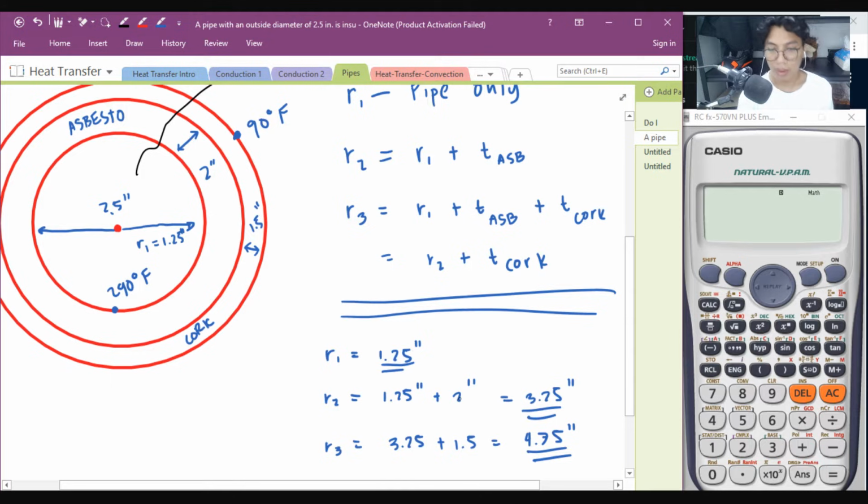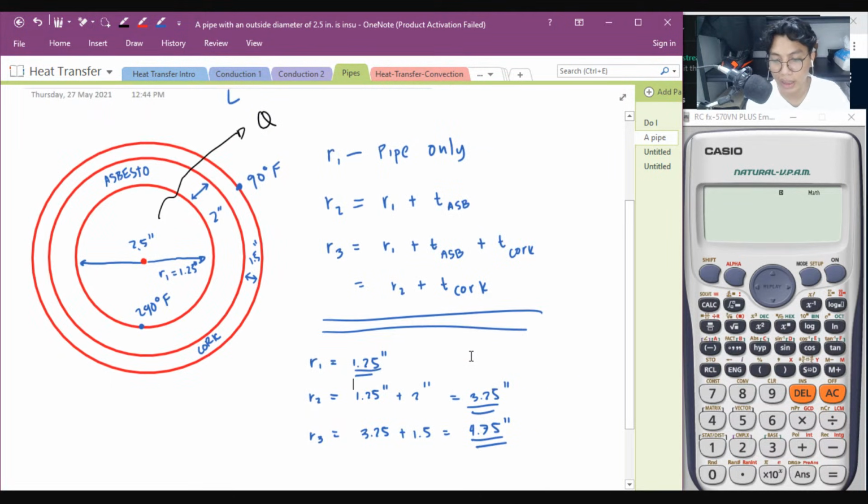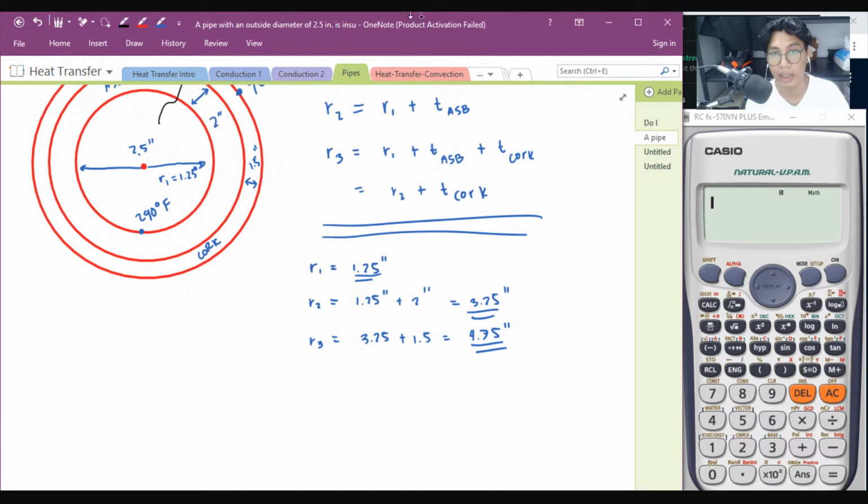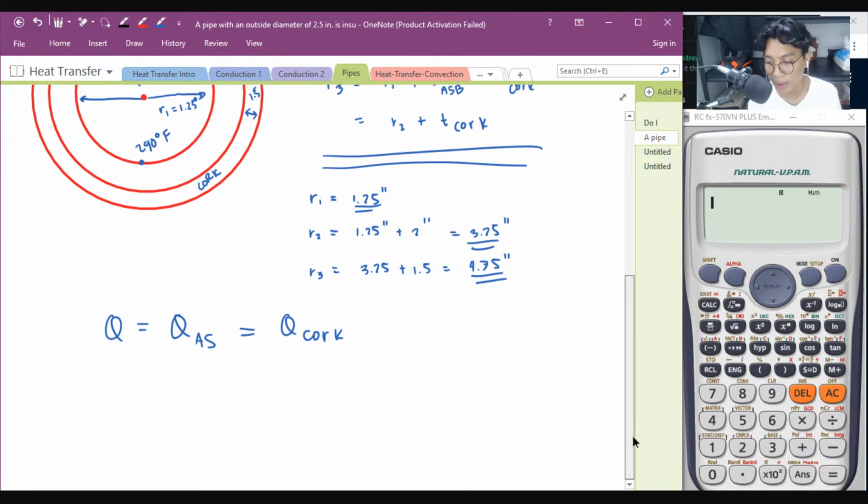Now, as you can see, lagi nating sasabihin that it is steady state. When it is steady state, ibig sabihin yung total heat transfer niya is equal to the overall heat transfer ng bawat isa. So, Q ng asbestos equal to Q ng cork. Punta tayo sa equation. Dalawang composite lang ang pinag-uusapan natin dito.